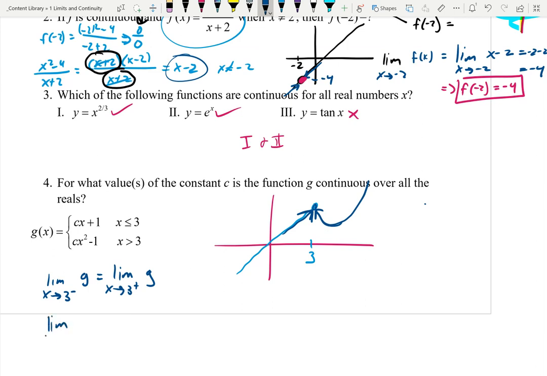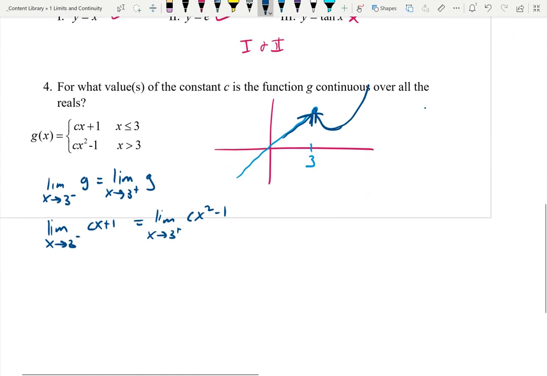In this example, that's the limit as x approaches 3 from the left of cx plus 1. I need that to equal the limit as x approaches 3 from the right of cx squared minus 1. All right, well, these are nice functions, so I can just use direct substitution. C times 3 plus 1 is equal to c times 3 squared minus 1.